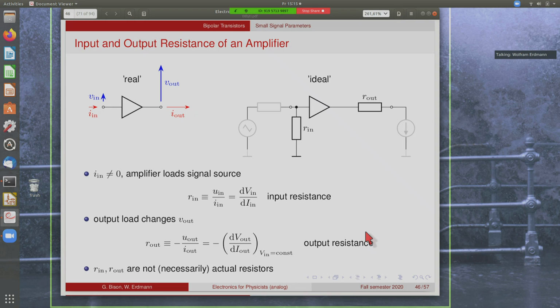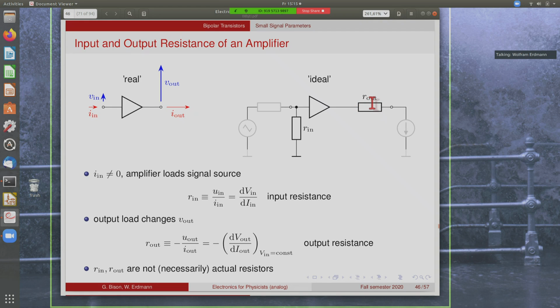So whenever we have an amplifier that is some real complicated object, like this one here, where you have an input voltage and an input current that are somehow related, and an output voltage and an output current, we can always replace that in a small signal sense by an ideal amplifier that has no currents at the input, and describe the input current by an input resistor, and we can replace the non-ideal behavior of the output by adding an output resistor here.